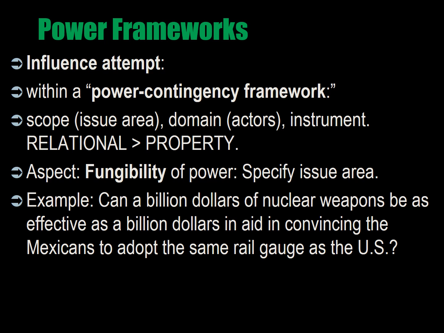What's the issue area? Is it in the domain of transports? Is it to do with currency exchanges? Is it to do with agreements on where fisheries are permitted internationally? Does it have to do with the distribution of telecommunications rights? So we have to specify first the issue area.